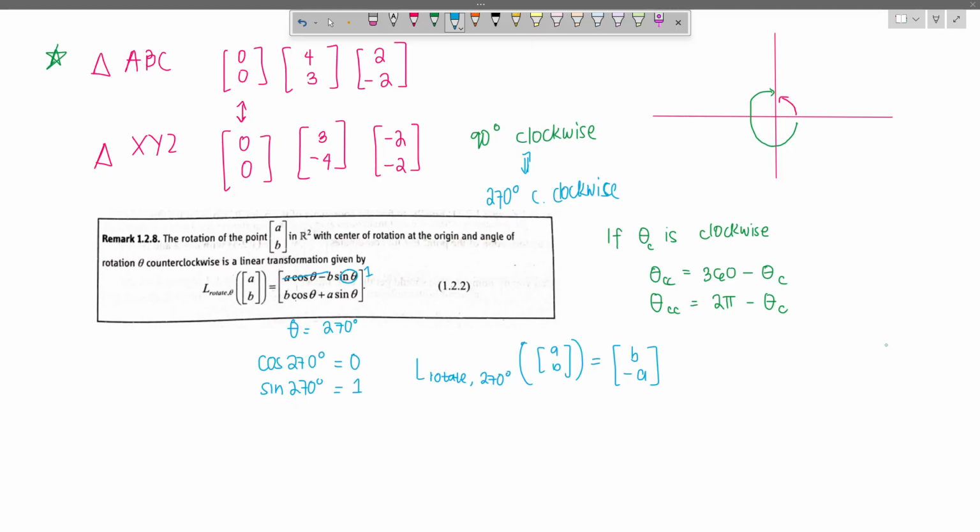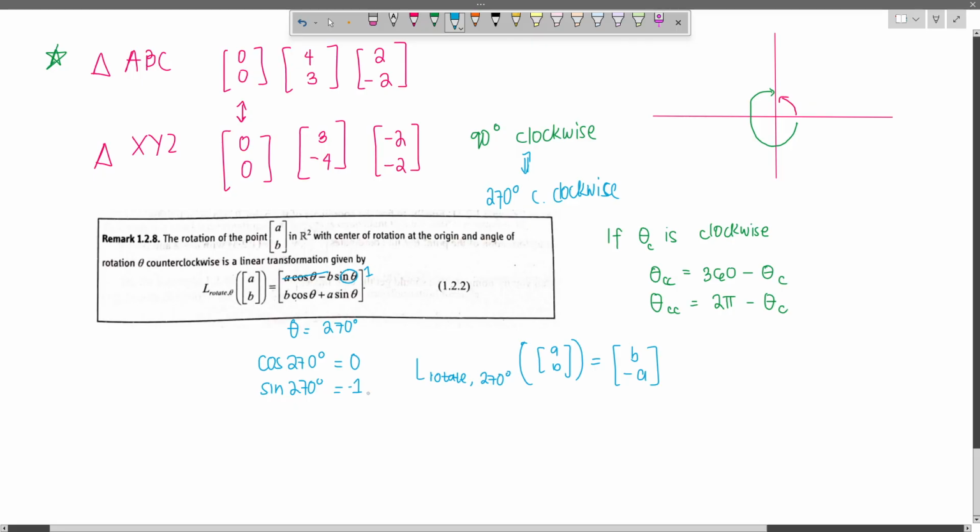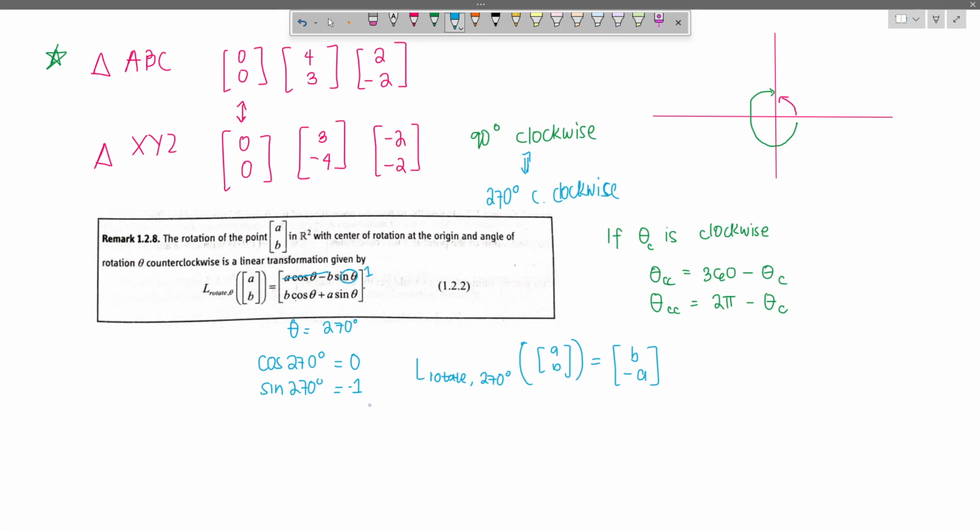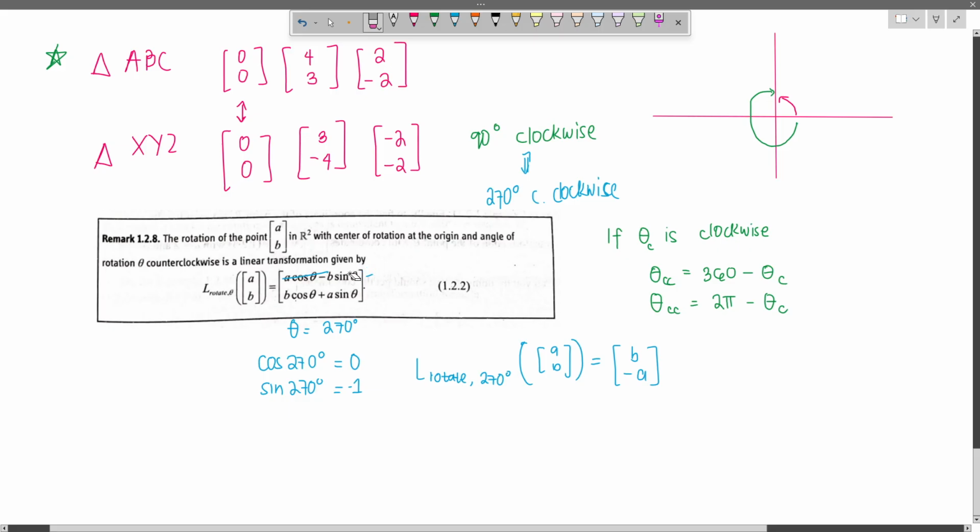Sine 270 is equal to -1. So that's negative b times -1, which is equal to positive b. Okay? And then from there, you can also simplify the y component. And then from here, you can solve for the points.